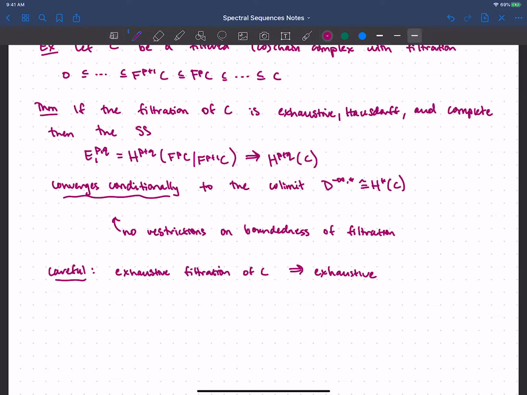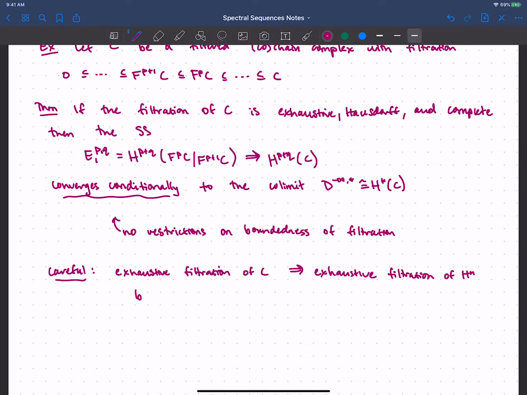And then that gives us a filtration of the thing that we're trying to converge to. Here it's the colimit, so I guess we should just use that one in this particular case. But the point is that an exhaustive filtration of C will give you an exhaustive filtration in that sense. So all I was trying to say is it's complicated to get to the filtration, but this will give us an exhaustive filtration of Hn.